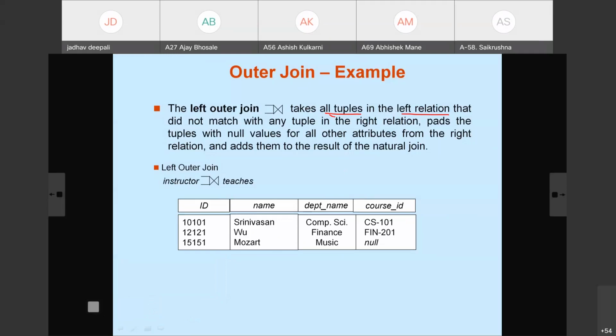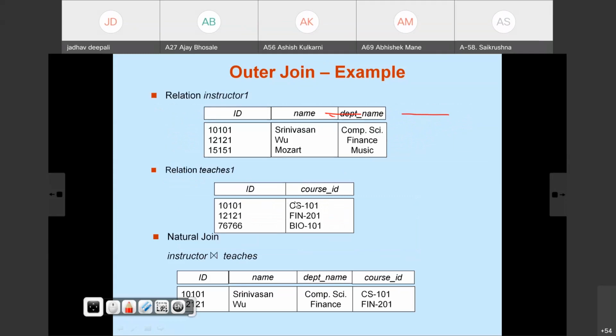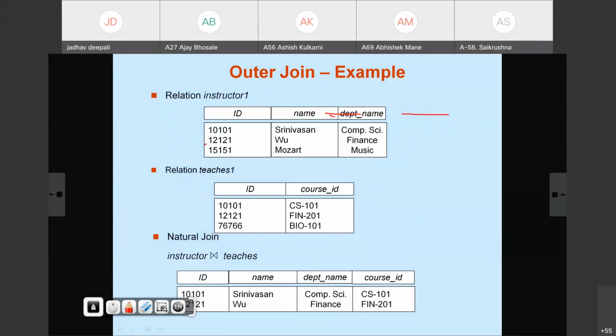It takes the tuples from the left relation that did not match with any tuple in the right relation. So which tuple is not matched with the right relation? This tuple is not matched with the right relation. So what does it do? It takes this tuple from the left relation, adds null values for those attributes which are in the right relation, and adds this tuple in the resulting relation.